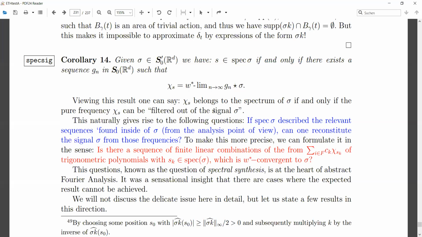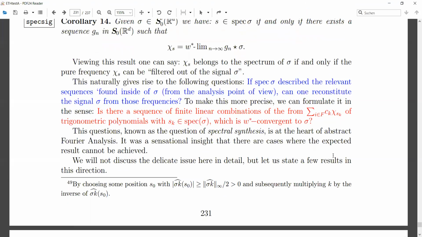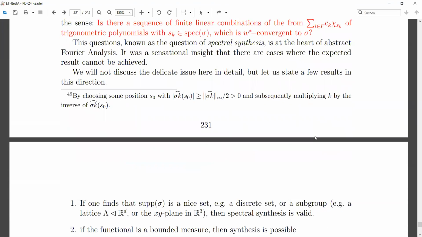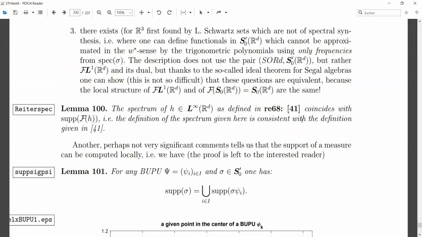So if you only take trigonometric polynomials, this is what you get by finite linear combinations of relevant frequencies with s in the spectrum, you are not able to approximate the original one if you're kind of smart and if you're doing a very special example. I mean, we don't have to do it. It's good to know it, but we don't have to discuss it.